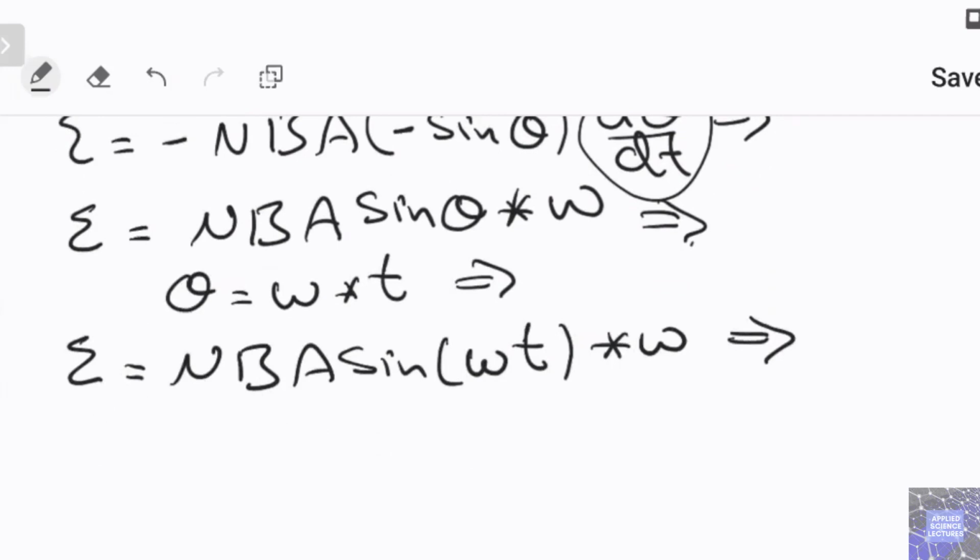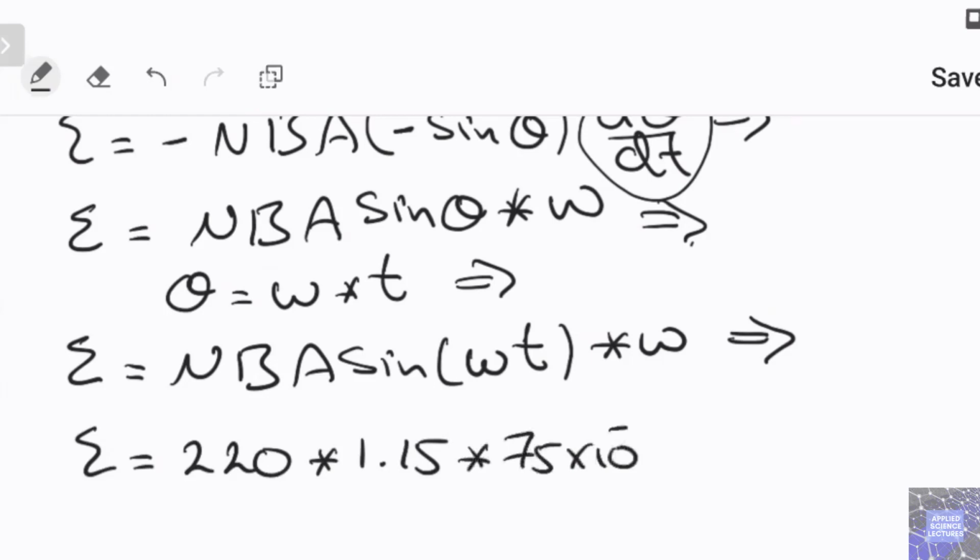Now if we substitute, N was given to me as 220, the magnetic field was 1.15, the area was a square 75 centimeter times sine omega t. Omega is 3.2 radians per second.